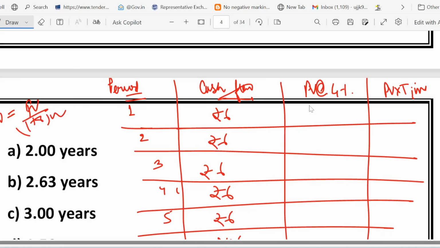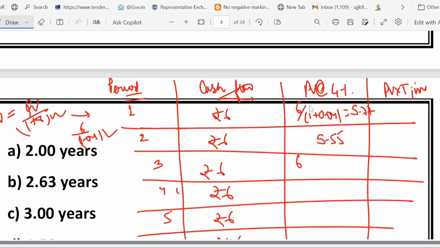For the first case, n is equal to 1, so it is 6 divided by 1 plus 0.04, which is equal to 5.77. In the second case, it is 6 divided by 1.04 squared, which is equal to 5.55.